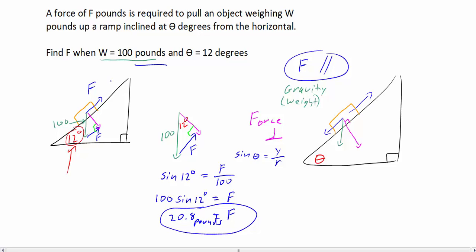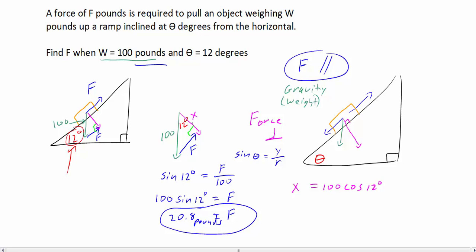Now, of course, if we were trying to find this other perpendicular force, I'll just label this side as X maybe. If we were looking for that, then we would use 100, whoops, not the sine, we would use 100 cosine of 12 degrees.